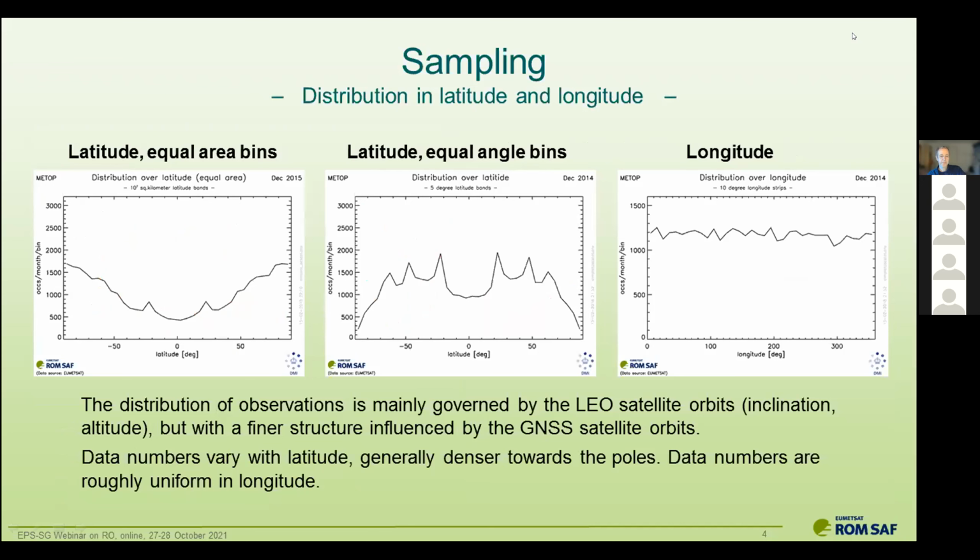So there is a variation with latitude, with a denser number of occultations toward the poles, as we can see here in the panel to the left. In longitude, there is almost roughly uniform distribution, at least if you observe over long enough times, let's say over a month or so.